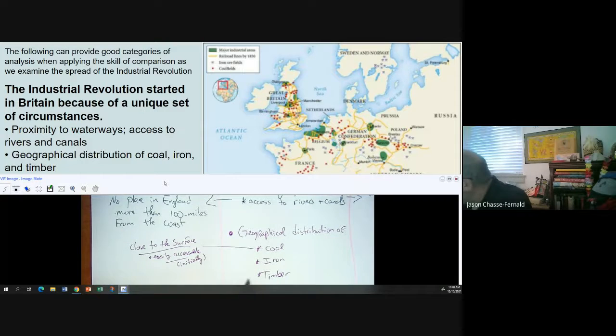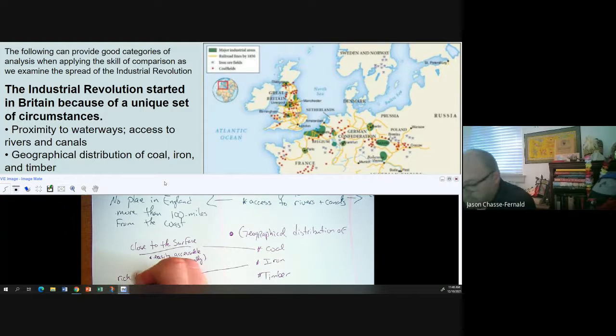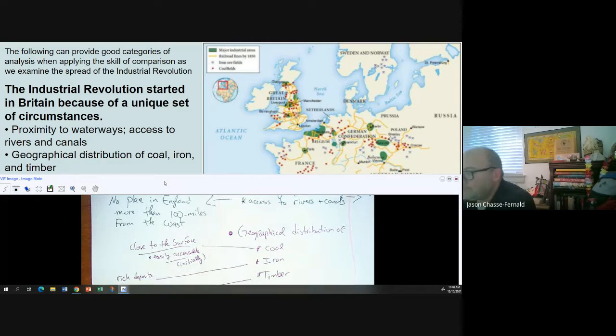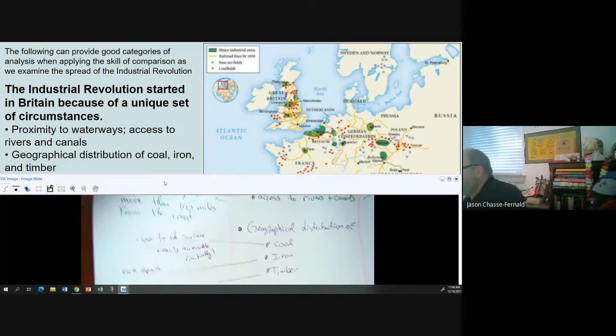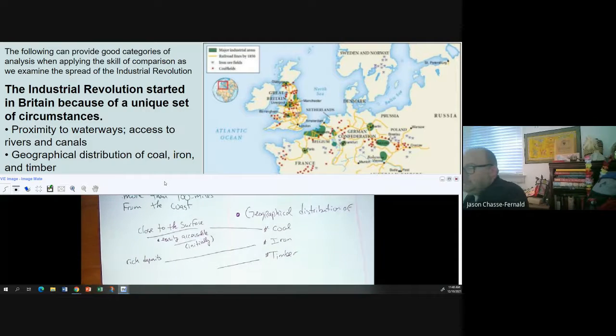All right, so that's coal. As far as iron is concerned, England does have rich deposits, easily accessible as well. And as far as timber is concerned, England really is not that rich in timber.